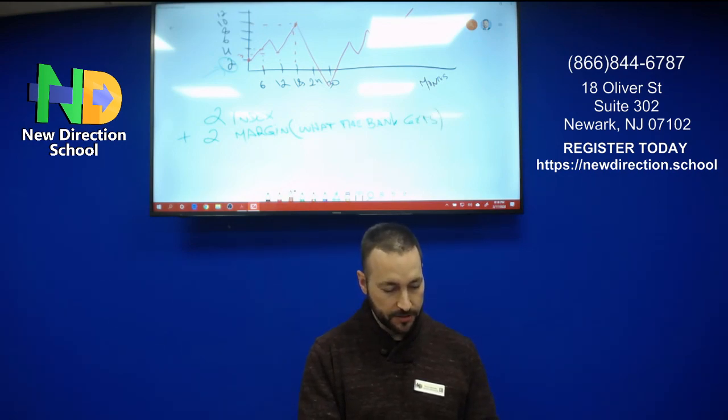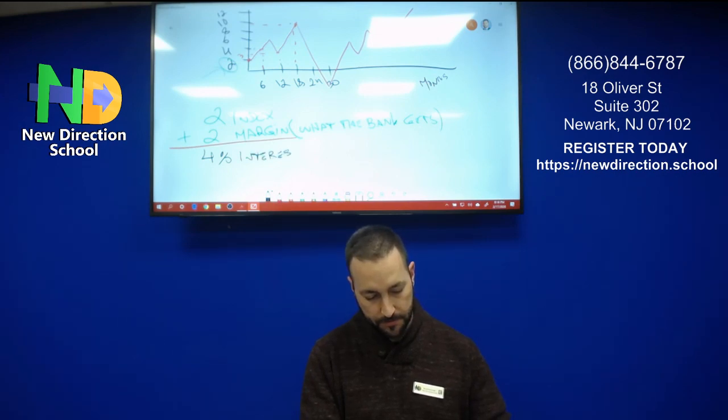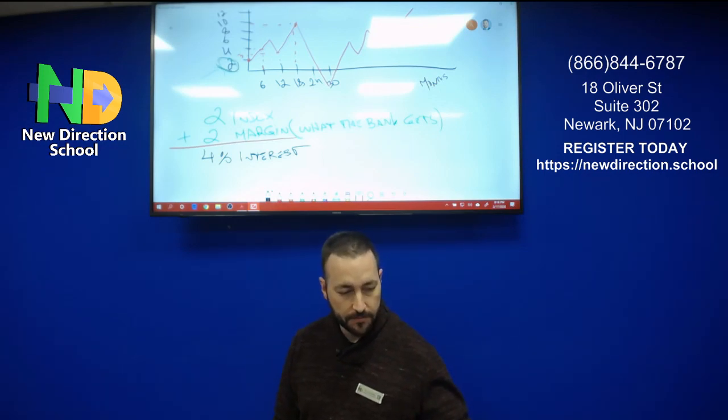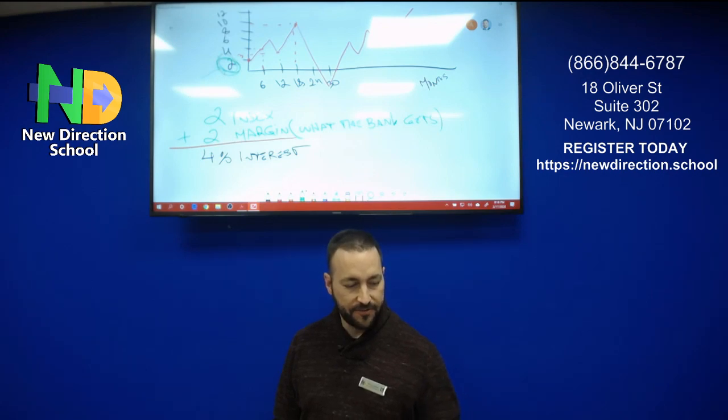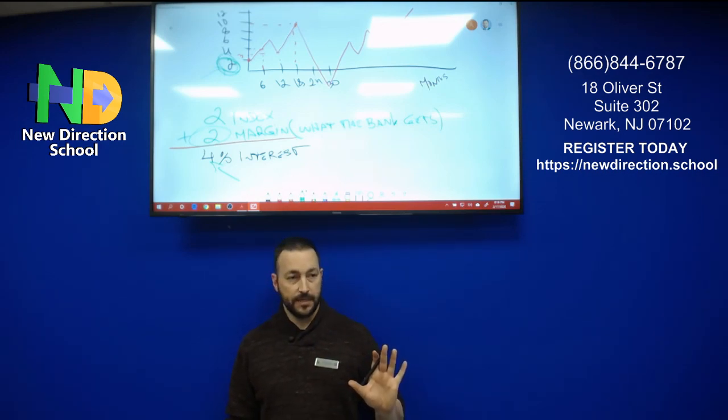So how much is your interest? Your interest is 4% interest. Because it's the 2 index where we are right here, right? Plus the fixed margin gives you your interest rate. Good so far? Yes? Yeah.